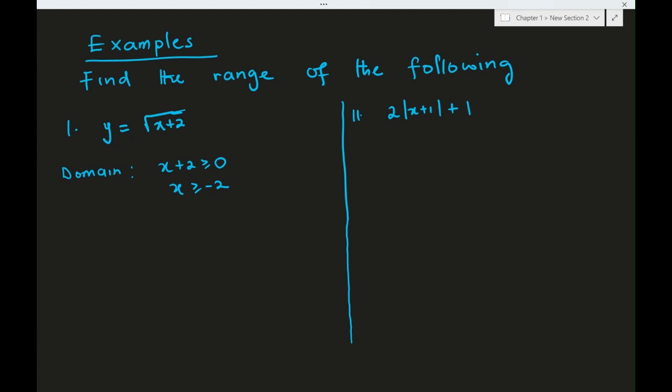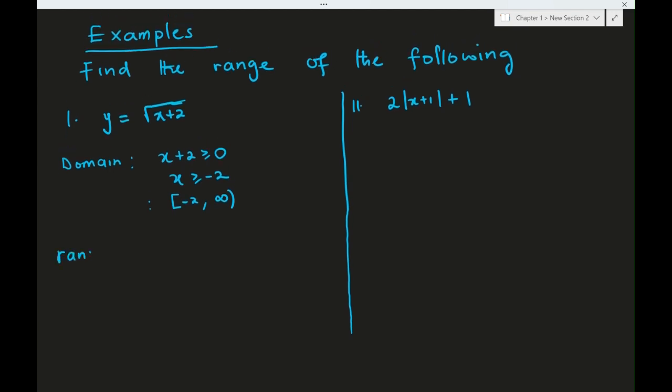This means x is greater than or equal to minus 2. So the domain is from minus 2, closed, to infinity. You can see this type of domain is unbounded in the sense that it goes up to infinity. Okay, now let's go to the main thing, which is the range.